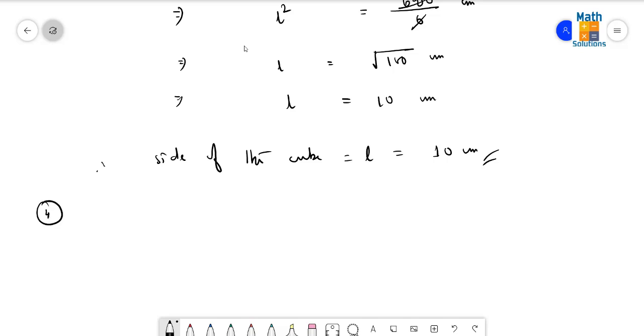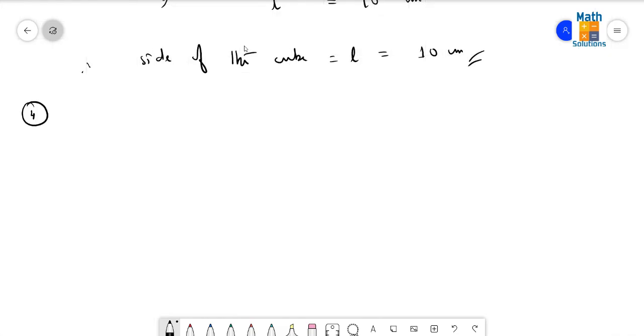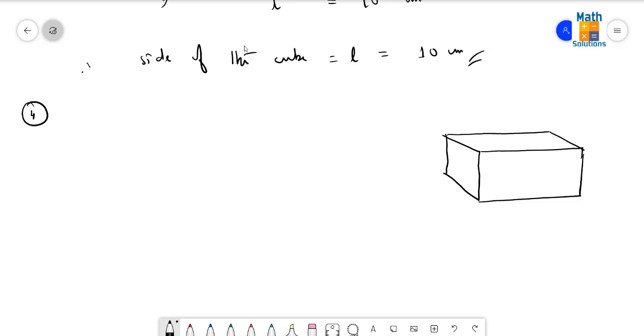This is question number 4. Ruxar is doing what? She has painted a cabinet. So cabinet looks like this actually. A rough sketch I am drawing. This is a rough sketch of the cabinet.